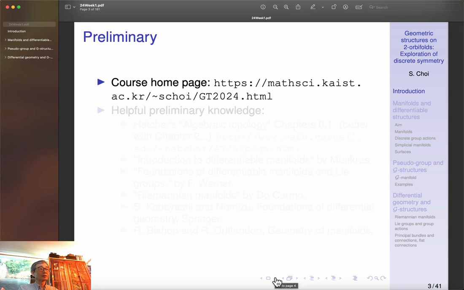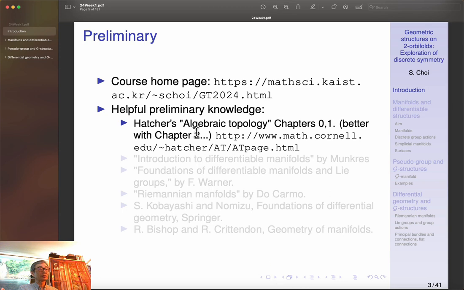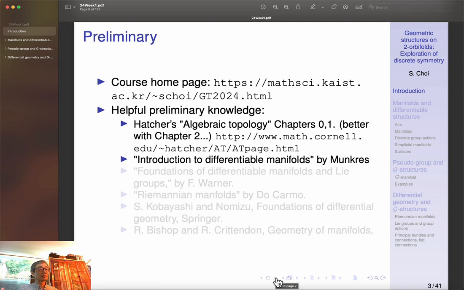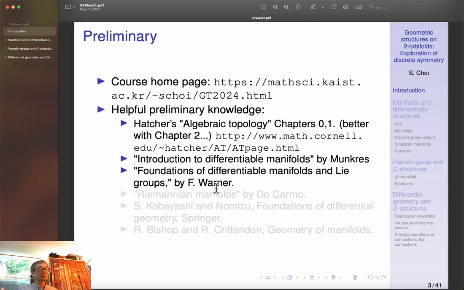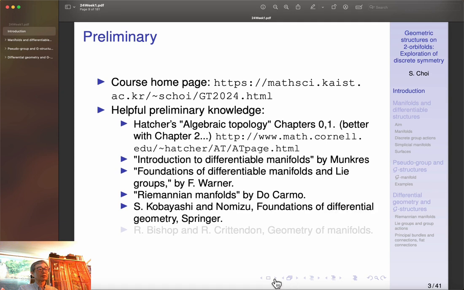So this is my course homepage, and some preliminary knowledge should be something like algebraic topology, chapter 0 and 1. So this is just on the fundamental group and covering space theory, and maybe some differentiable manifold theory. This book is very old, but it is still a very good book, and maybe some Riemannian geometry would be helpful, and Kobayashi and Nomizu's book on the Foundations of Differential Geometry.